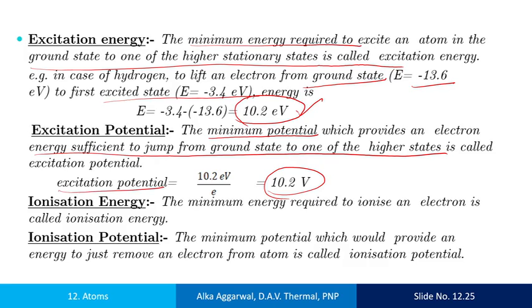Similarly, the ionization energy is the energy required to ionize the electron, and the ionization potential is the minimum potential required by an electron so that it is removed from the atom. For the ground state of the hydrogen atom, the ionization potential is 13.6 volt. For the first excited state of the hydrogen atom, the ionization potential is 3.4 volt, and so on.